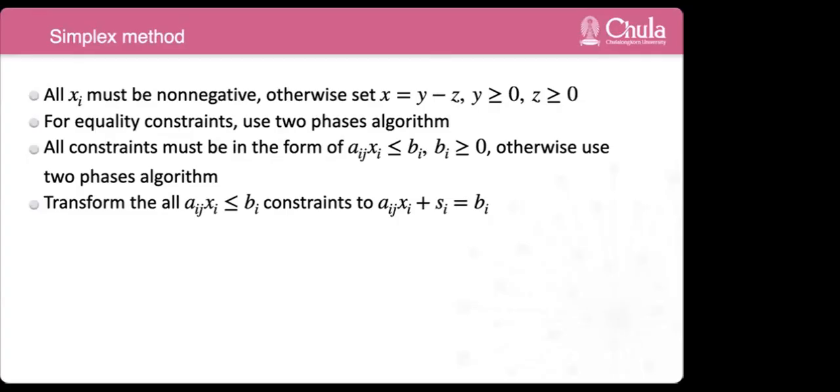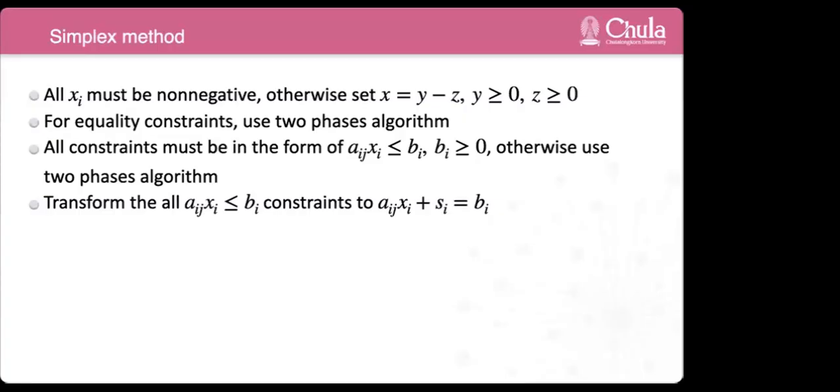And all constraints must be in this canonical form, where the constant is positive and you have less than or equal. If you cannot write this form, use the two-phase algorithm. You cannot do it now. Just use the two-phase algorithm.